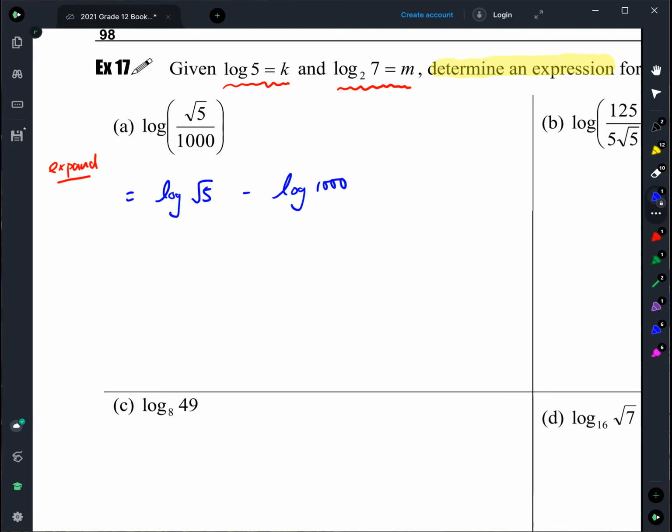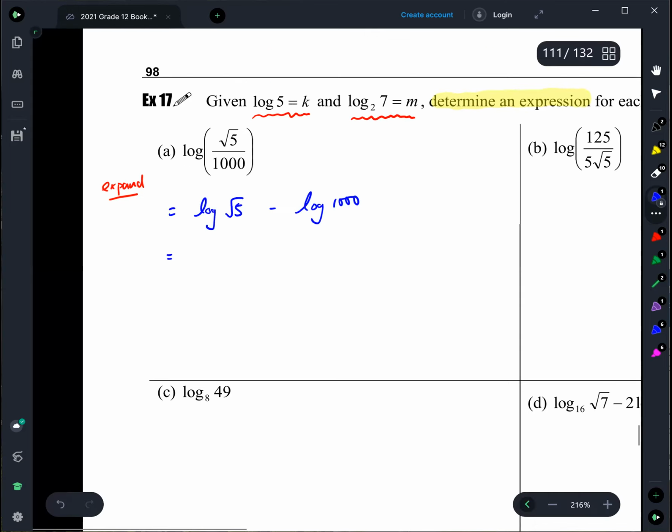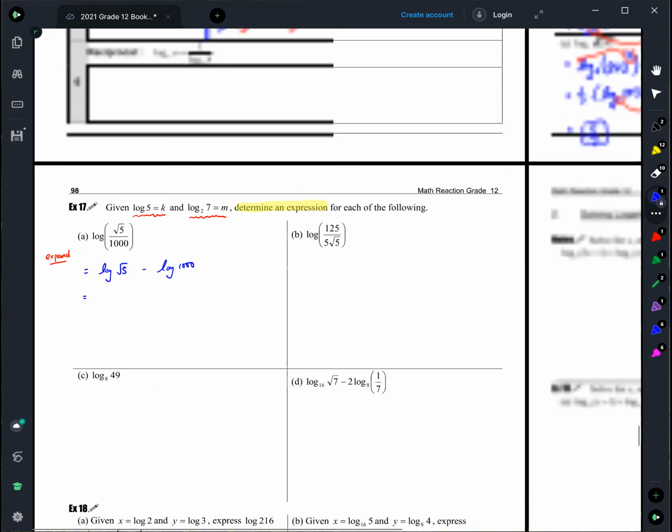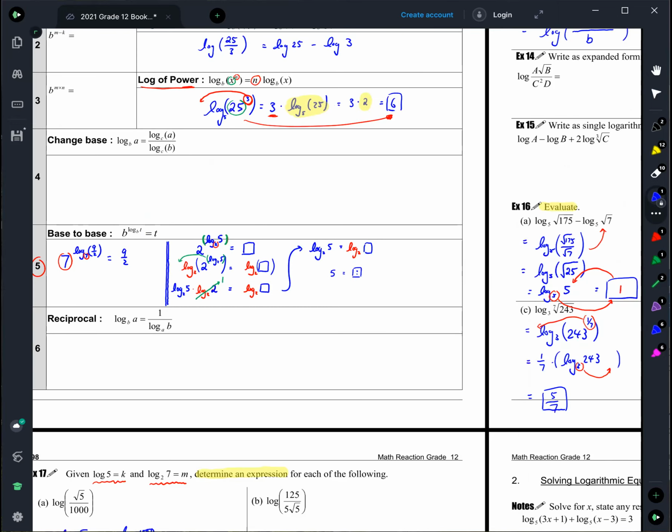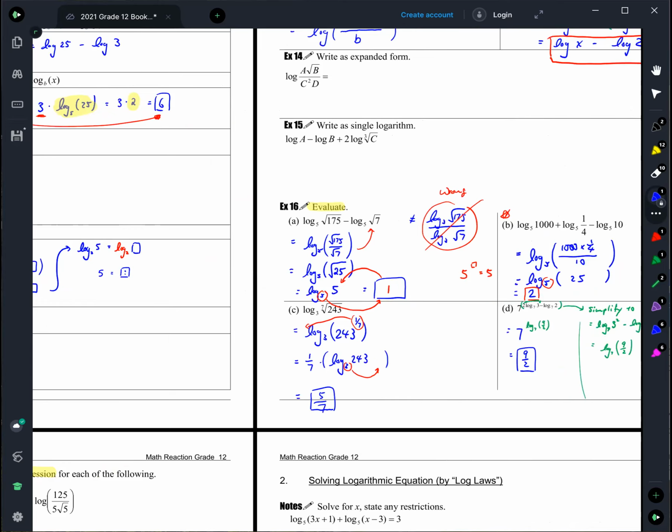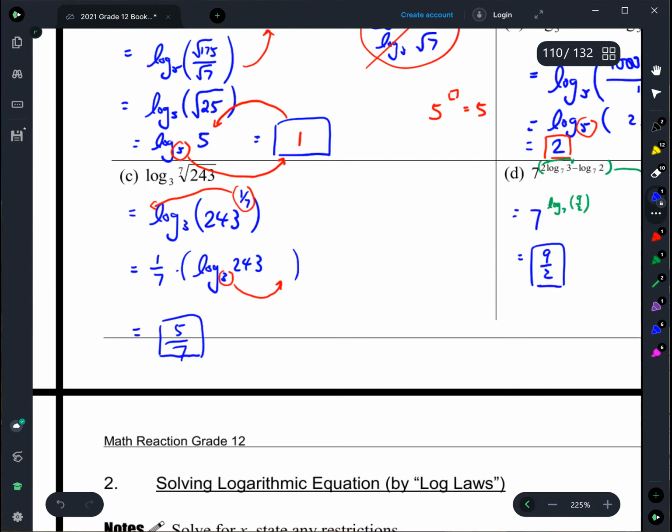All right, Nick, what can we do with the square root of 5? Which law can we apply? I'm not sure what it's called. Well, the one we used was here, question C, on the previous page, the seventh root.